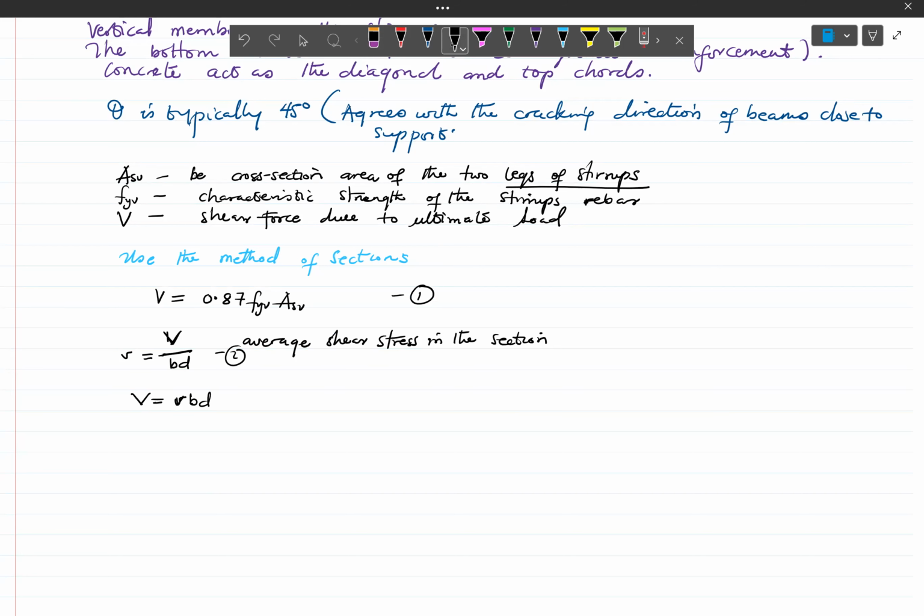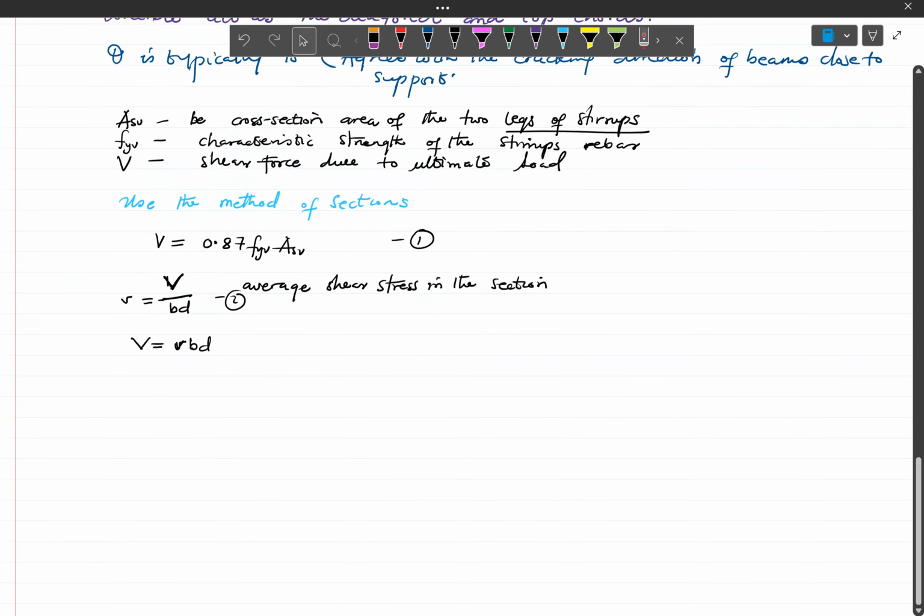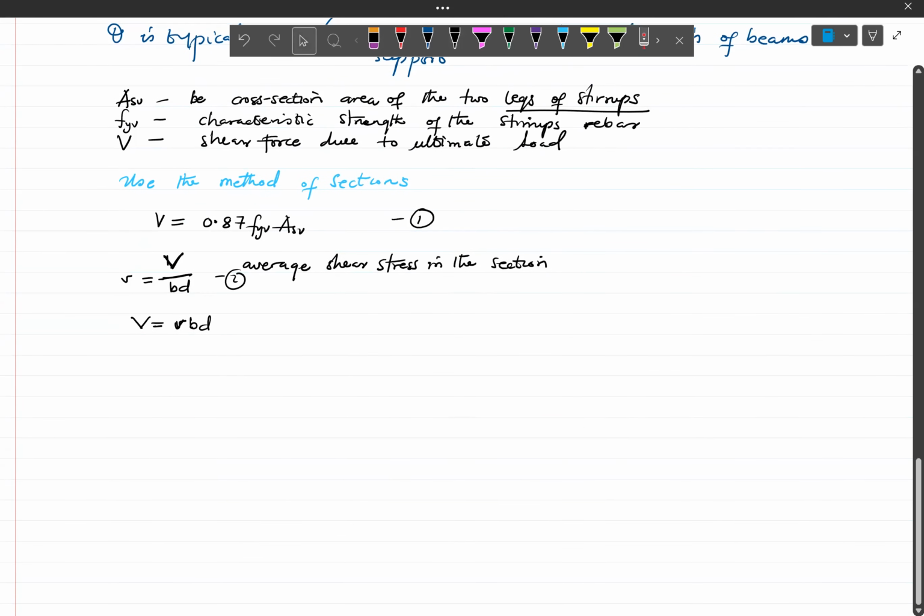The big letter V is the shear force. The small letter v is the shear stress, right? So if I compare these two, then it means that 0.87 FYV ASV is equal to vbd.